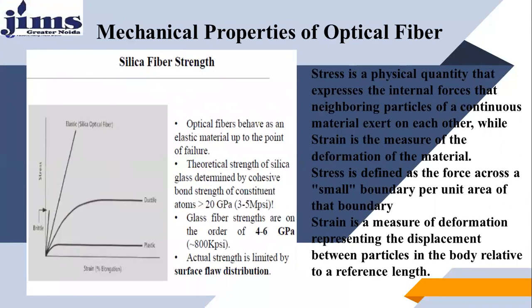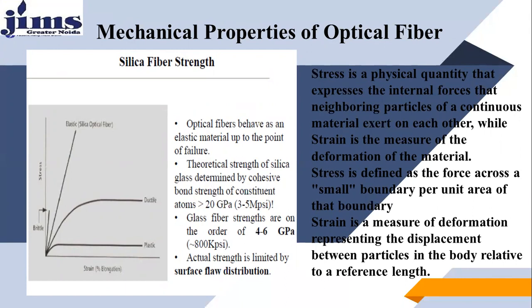As far as the mechanical properties of optical fiber are concerned, two technical terms come into the picture: stress and strain. What is stress? Stress is a physical quantity that expresses the internal forces that neighboring particles of a continuous material exert on each other.